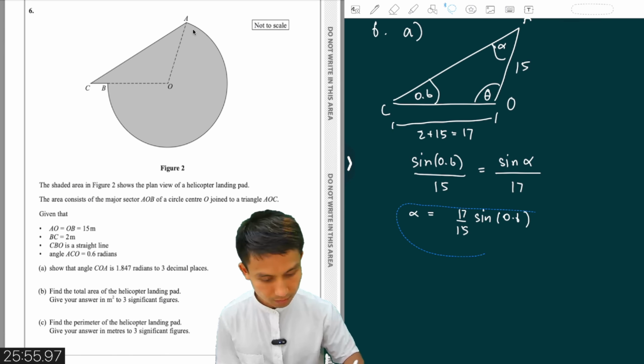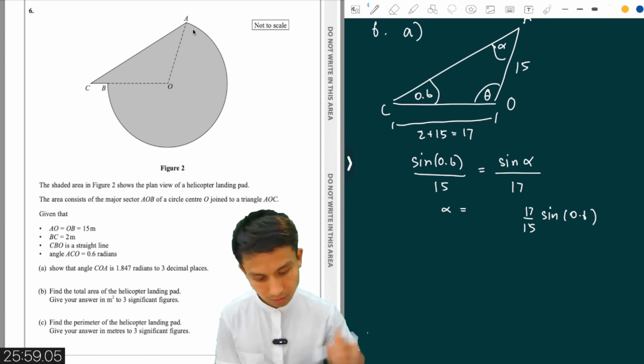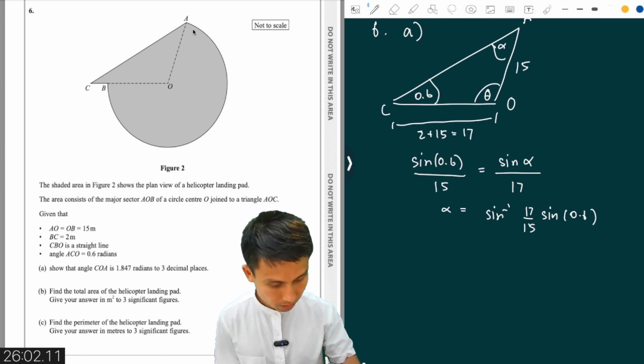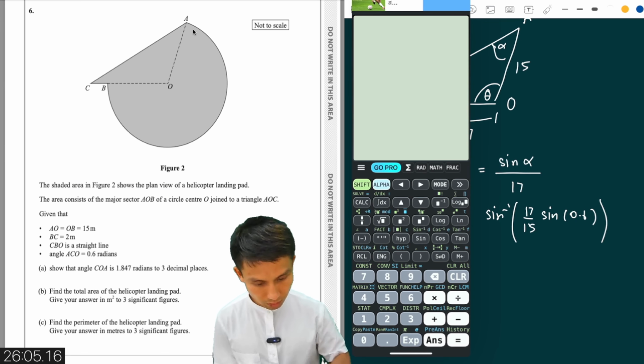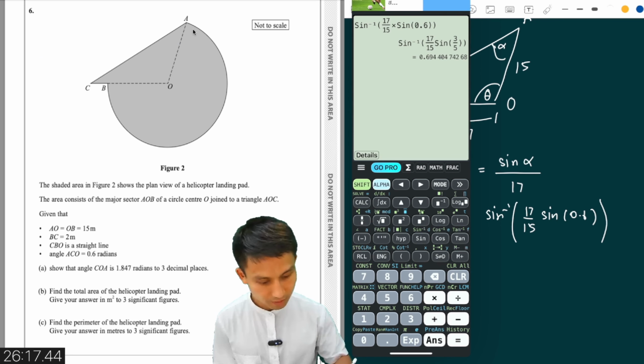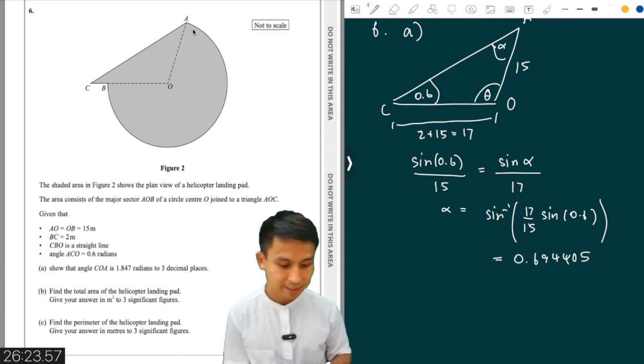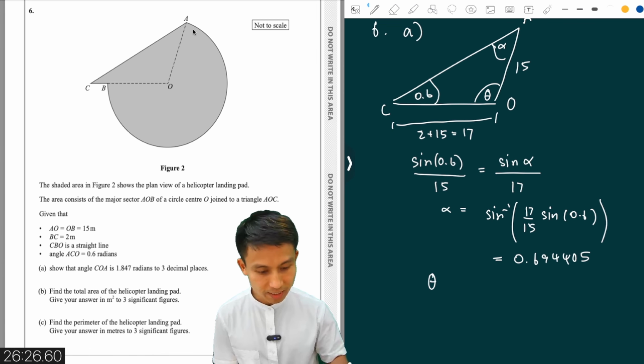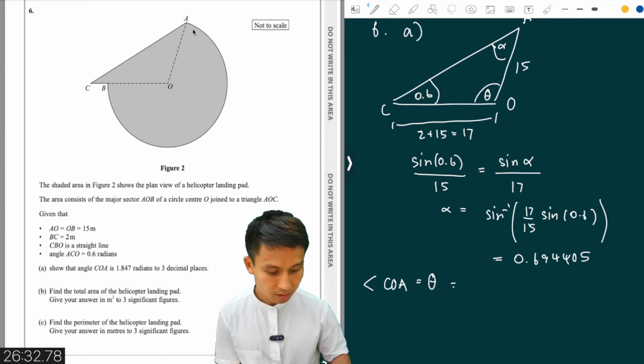So alpha is arc sine of 17 over 15 times sine of 0.6, which is 0.694405. Carry that. Then theta, which is angle COA, equals pi minus alpha minus 0.6.